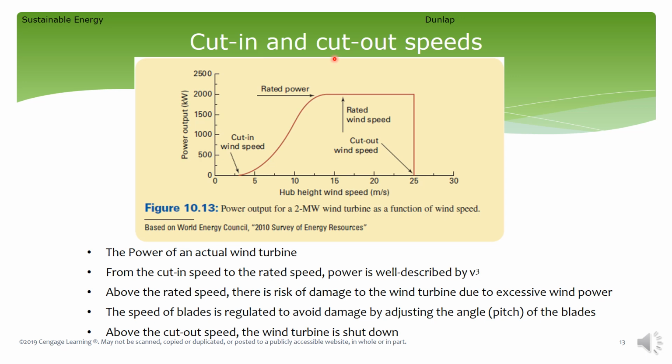Cut-in and cut-out speed. This figure shows power output for a 2 megawatt wind turbine as a function of wind speed. The x-axis is hub height wind speed, and the y-axis is power output.